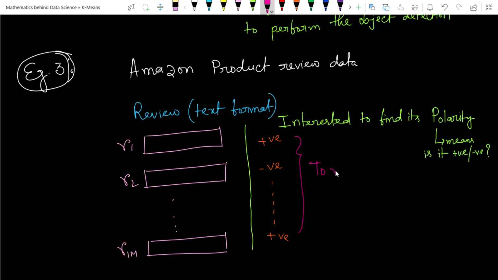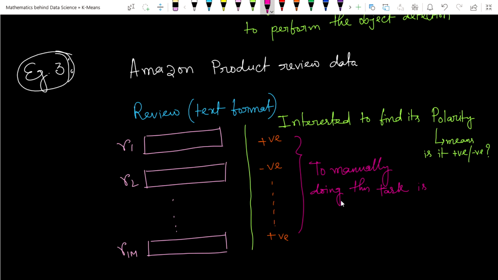Manually doing these tasks is time consuming and needs a huge amount of manpower, which means it is costly.